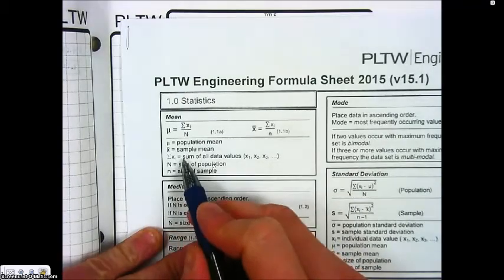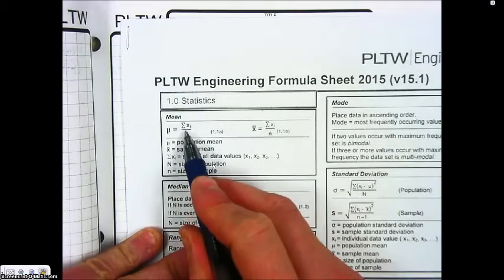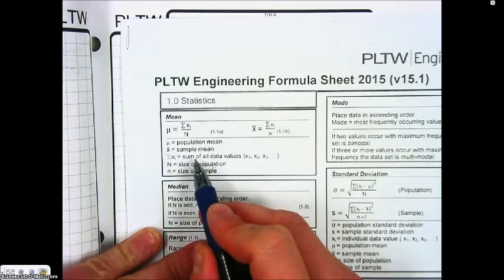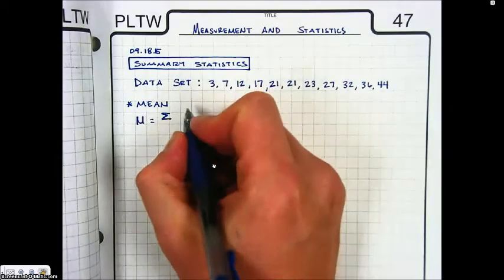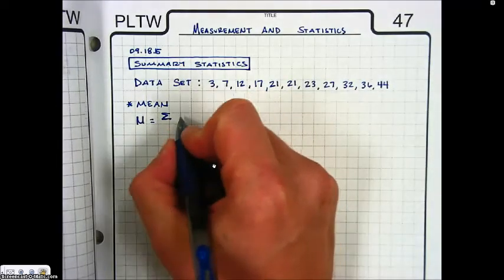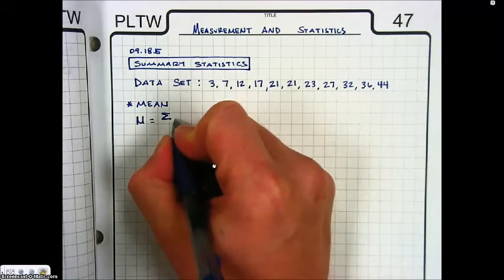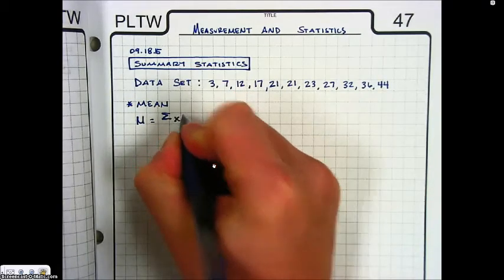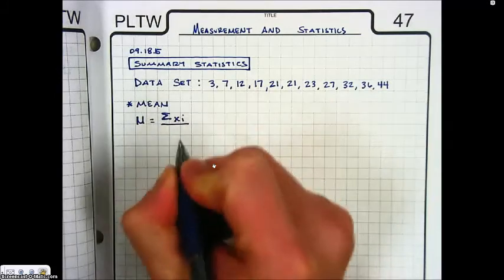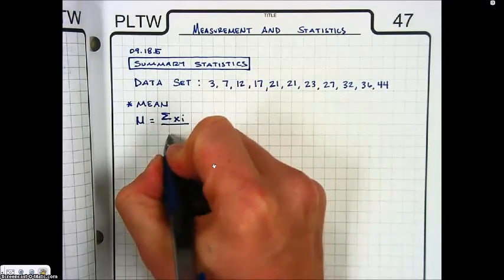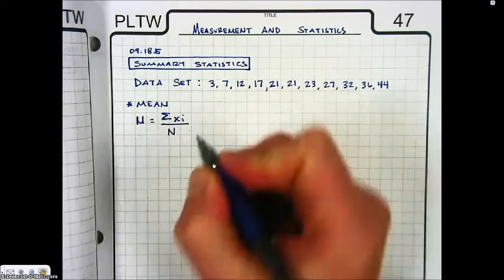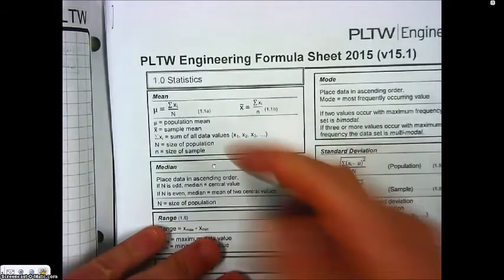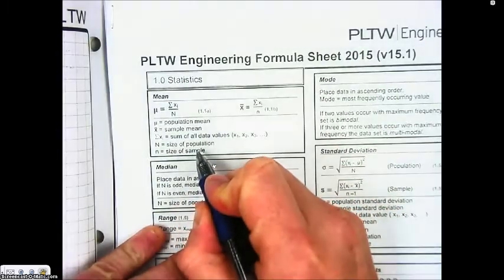If we look at our formula sheet, it's the sum of all the data values, and so you're adding those up. So mean is equal to the sum of all the values divided by n, which n is, if we look at our sheet again, the size of the population.